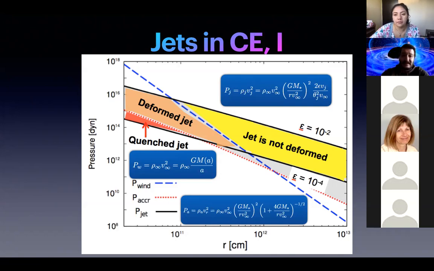If the jet is not so powerful, then you could have that the dynamics of the jet are dominated by the wind, so the incoming material from the common envelope, or it could even be dominated by the infalling material, which is the pressure P_a that you have at the bottom, in which case the jet may even be quenched.